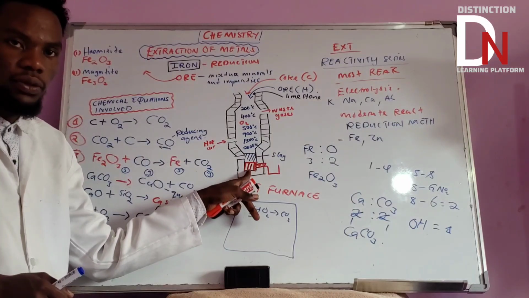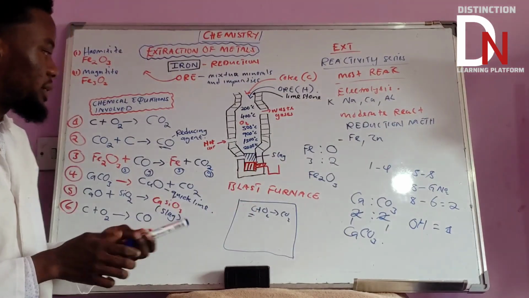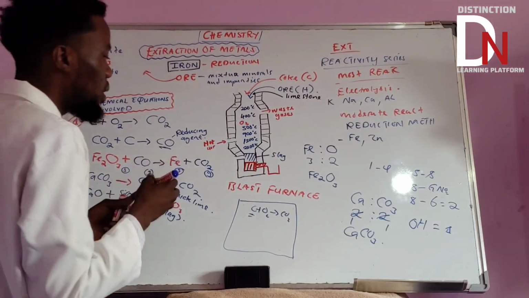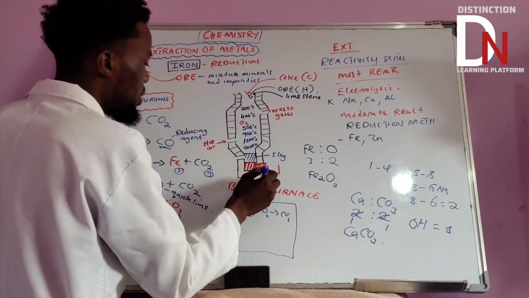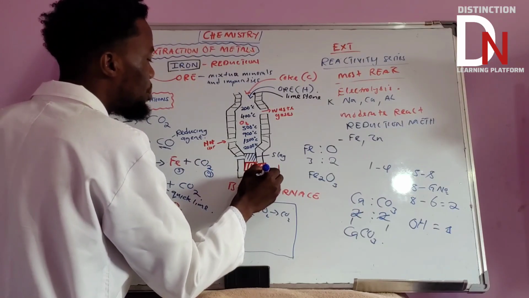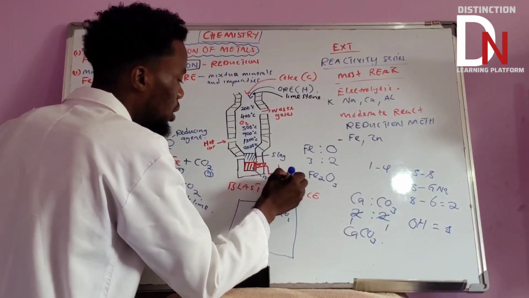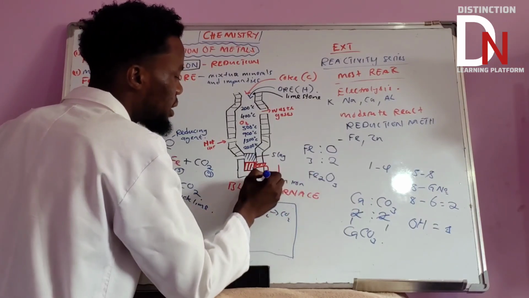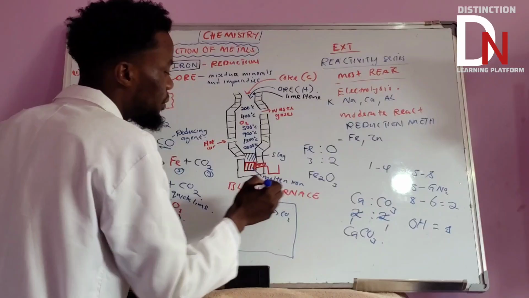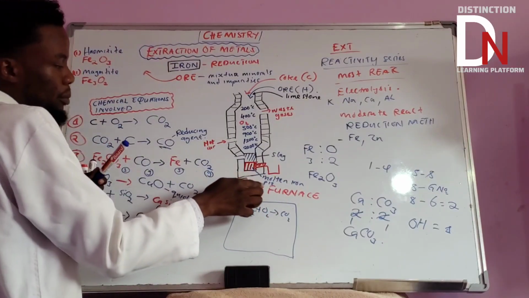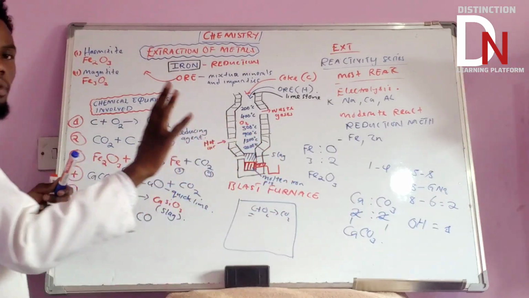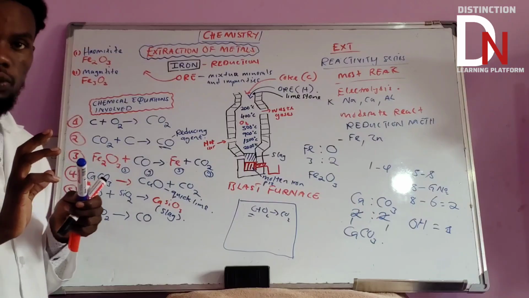What do we call this red substance here? We call it molten iron, or sometimes pig iron. It can be either pig iron or molten iron, whichever word you use is fine.